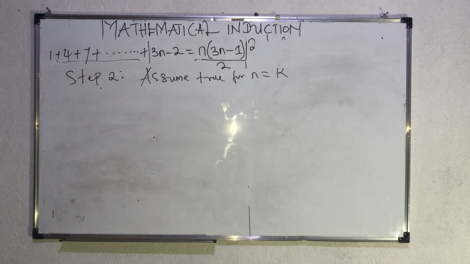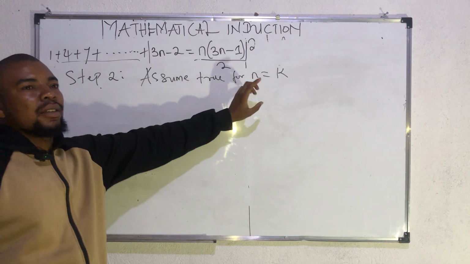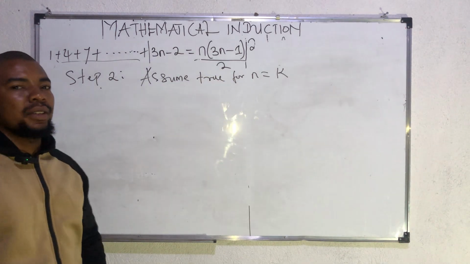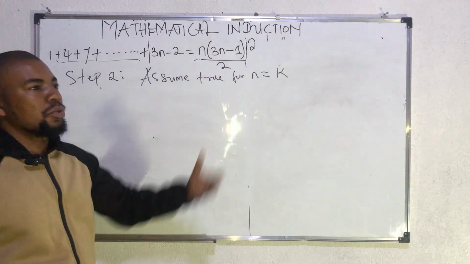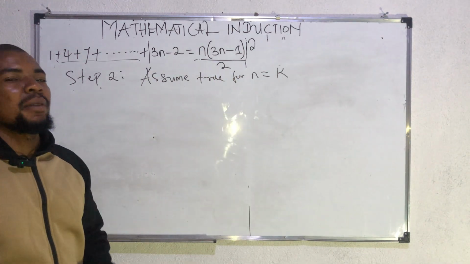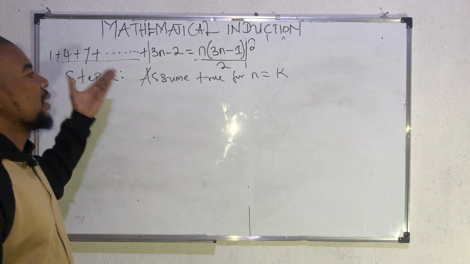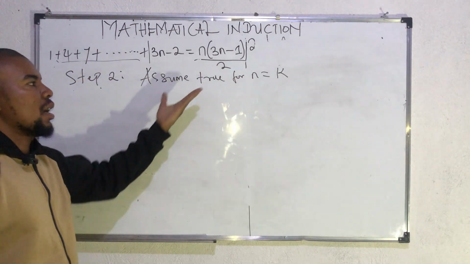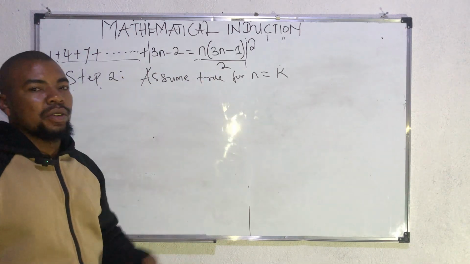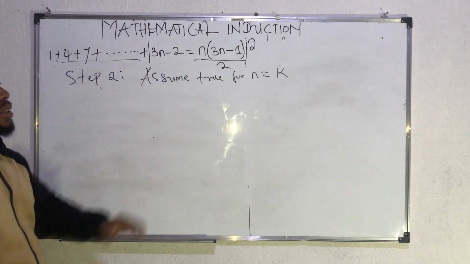So for the second step, you are going to assume true for n equals k. This is called the inductive hypothesis, where you make an assumption that n is equal to k. This assumption might be true or not, but it is just an assumption. So it is while proving for the last part that we will know whether our assumption was true or not. Okay, let's go ahead and assume true for n is equal to k.